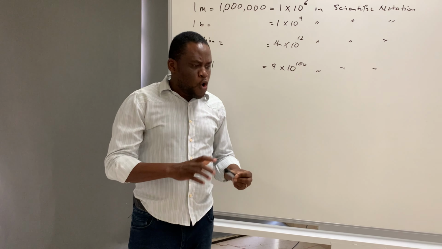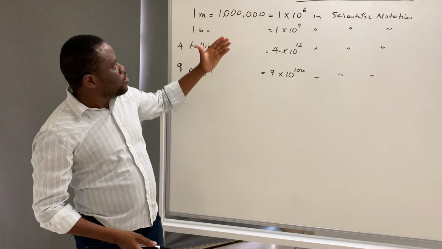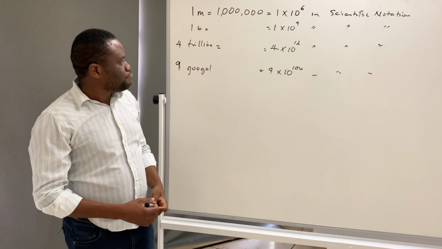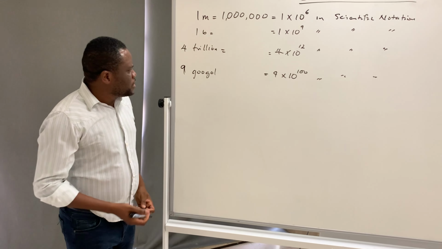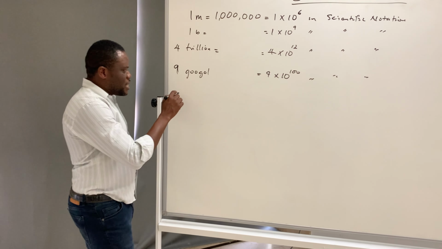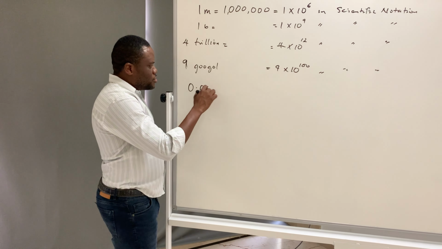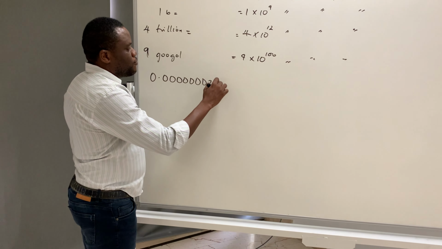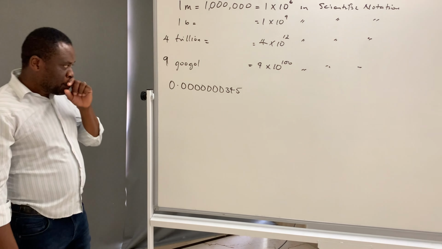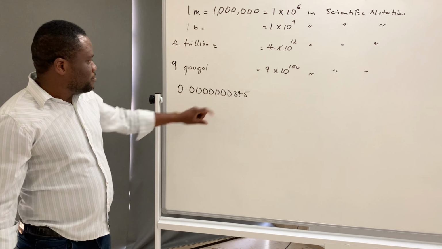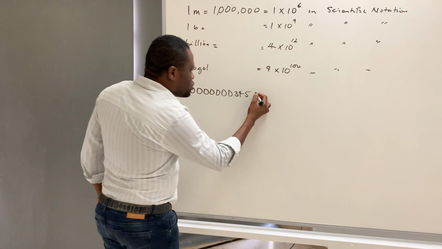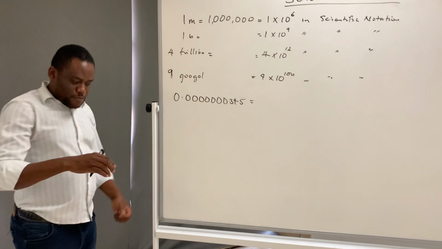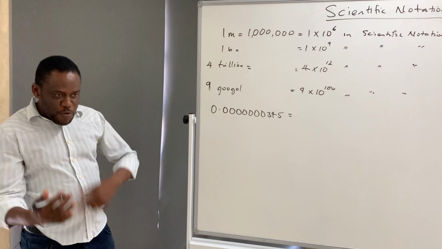Now let's also solve what if the number is not increasing, the number is reducing? We call this one a decimal. Let's say we have something like 0.000000345, for example. This is decimal, right? It is long. Your calculator will not give you something like this. You will write it in standard form.